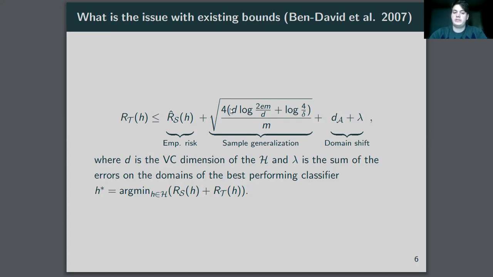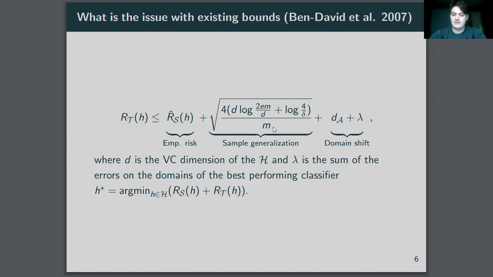In the sample generalization terms, we have the dependence on this D parameter, which is the VC dimension of the classifier space. This is sort of a measure of complexity or of the expressiveness of the classifiers that inhabit the space. And for neural networks, this is quite a large number in general, especially for the realistic type of networks that we use today. And this is not really so useful.